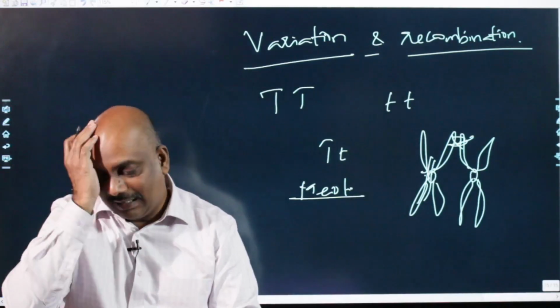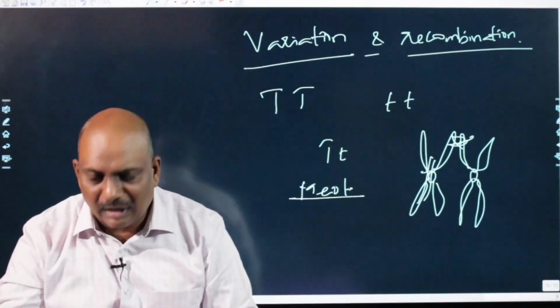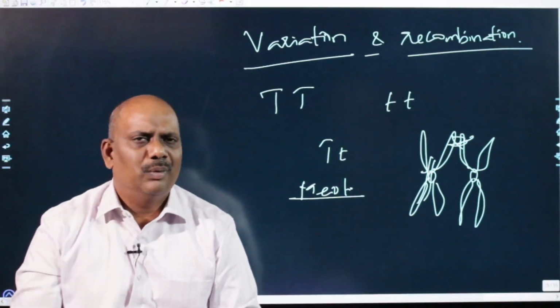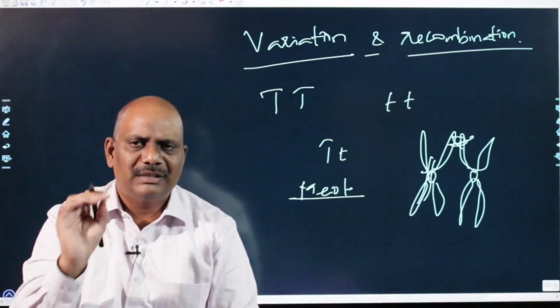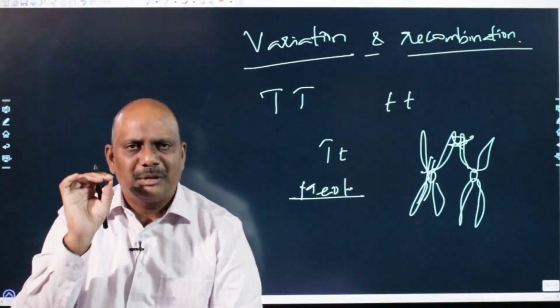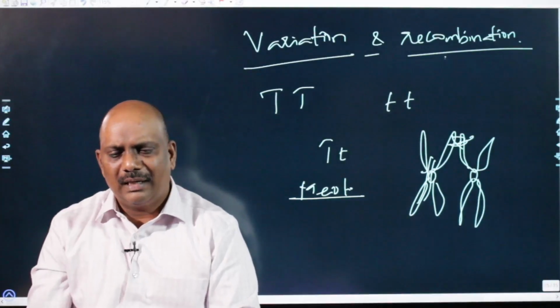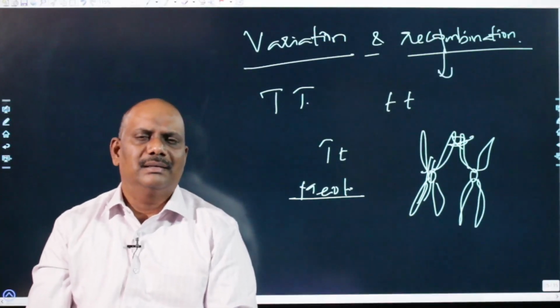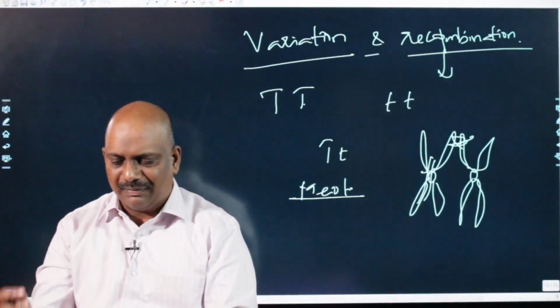This we call crossing over. There's no need to worry much about this. You can simply say variations happen because of a number of genetic recombinations. That is sufficient.